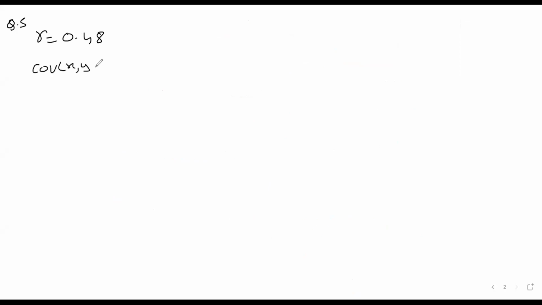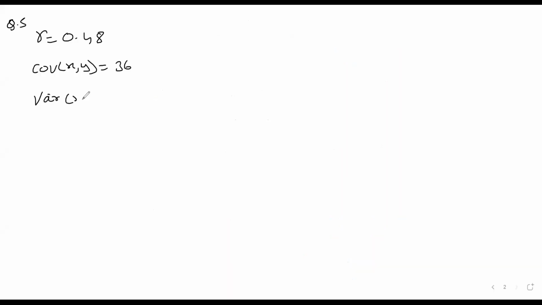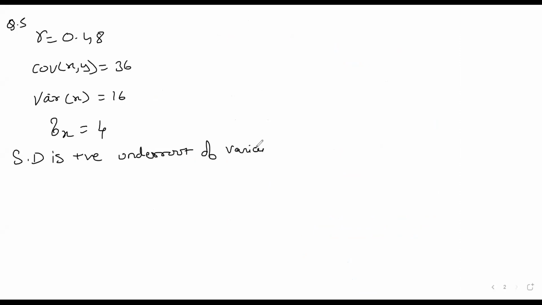Covariance of XY is 36 and variance of X is 16. If variance of X is 16, standard deviation is 4, because standard deviation is positive under root of variance.